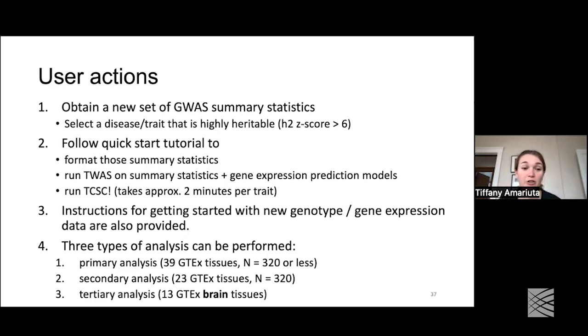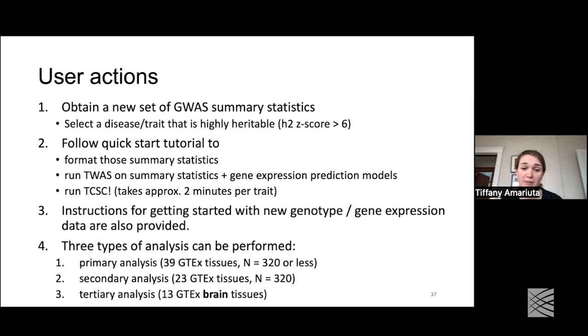So there's also instructions if you'd like to start with new eQTL data. So if you have a cohort other than GTEx and you have genotype and gene expression data, there are instructions for using Fusion essentially to recompute the gene expression prediction models and co-regulation scores.